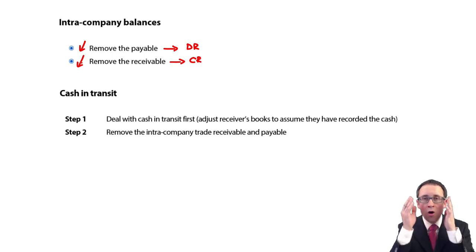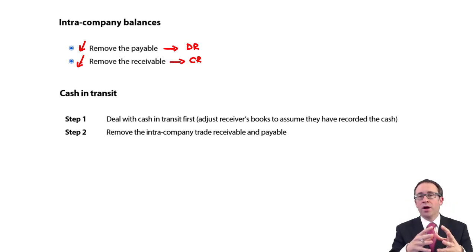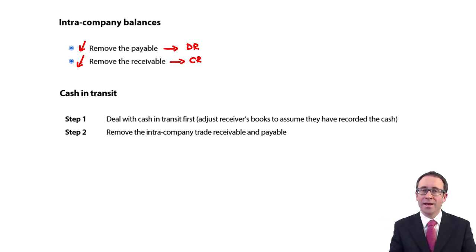Okay, because we can't owe money to ourselves, can we? The group can only owe money to the outside world. We can't have money owing between P and S. Okay. Based upon the single entity concept. The other scenario that you've got there is your cash in transit.